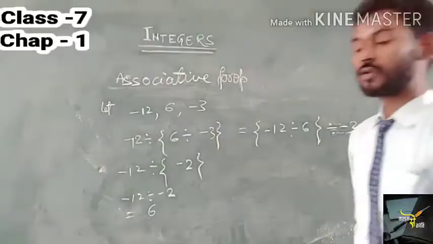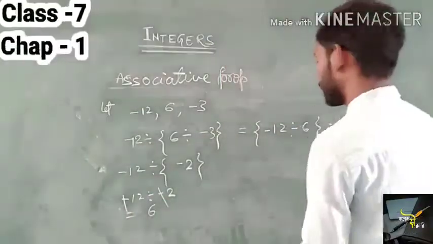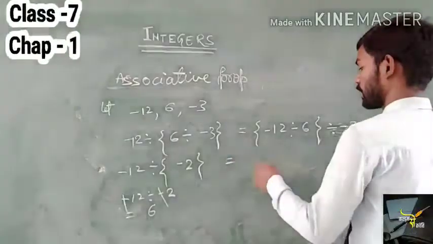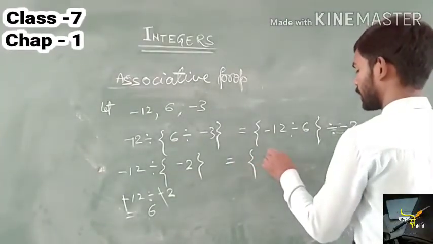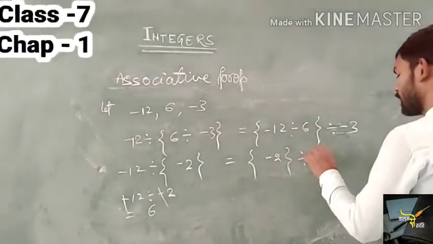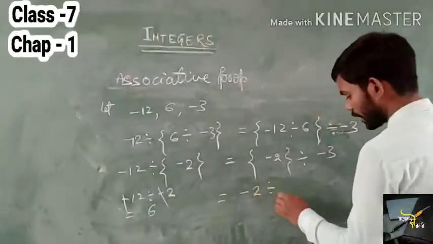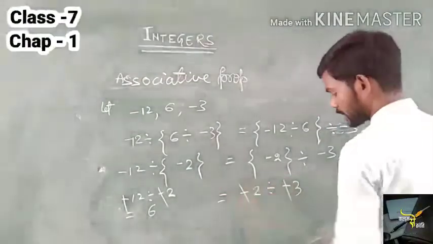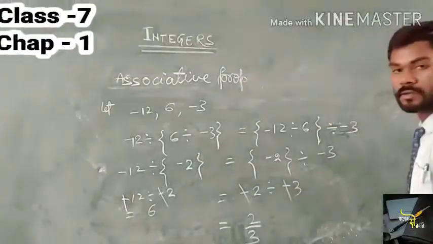Minus and minus cancelled out, 2 sixes are 12. In the next step, on the right hand side we get 6 ones are 6, so here we get minus 2 divided by minus 3, and minus and minus cancelled out, and here we get 2 by 3.